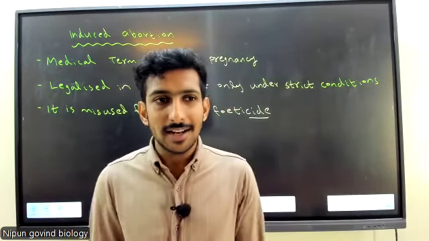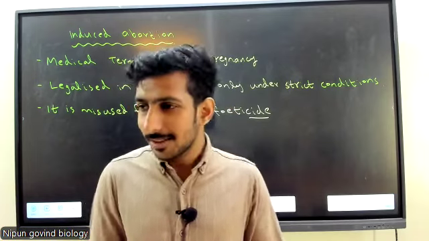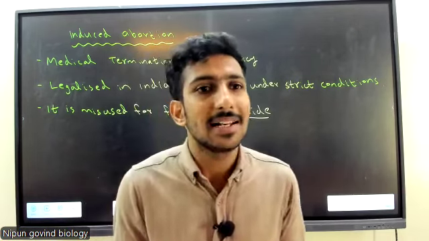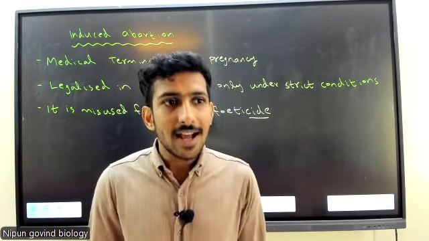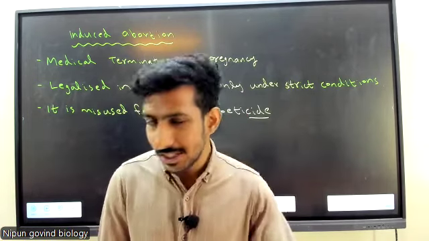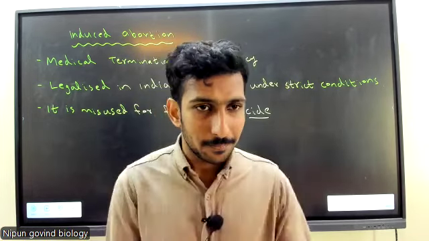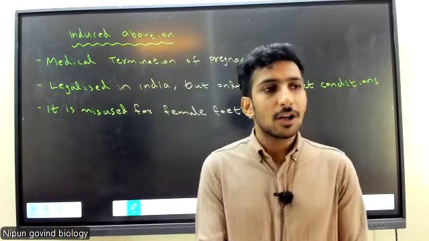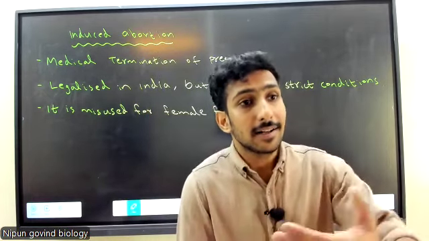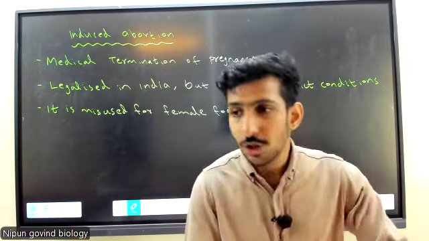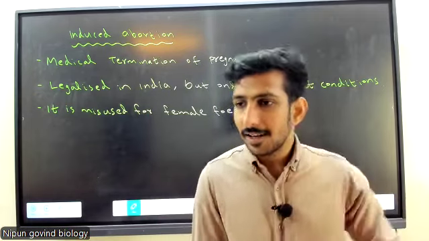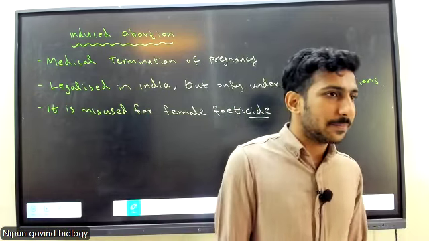So people like to have male children, isn't it? And if they have the provision to find out if the child is going to be male or female, and they find that the child is going to be female, they kill the baby. That is female feticide.